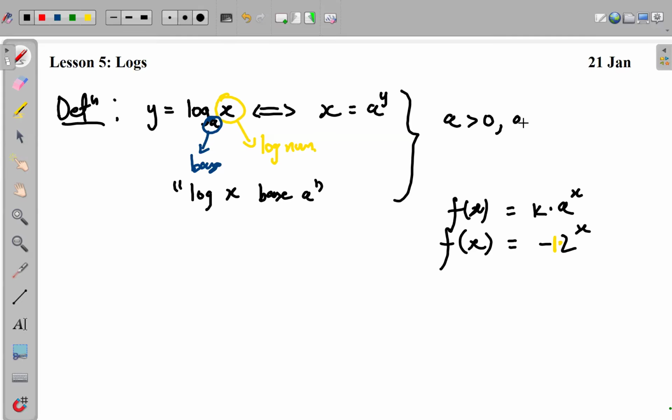One very important thing to note is that we want a to be always positive, but not only that, we want a to be different from 1. And this is for obvious reasons, because if a is equal to 1, then x equals 1 to the y.